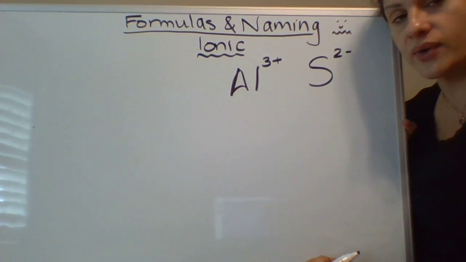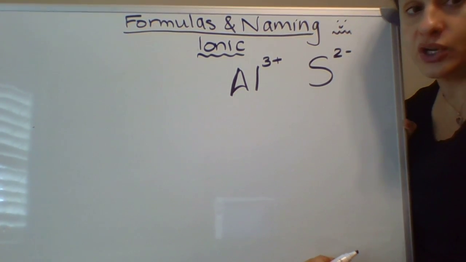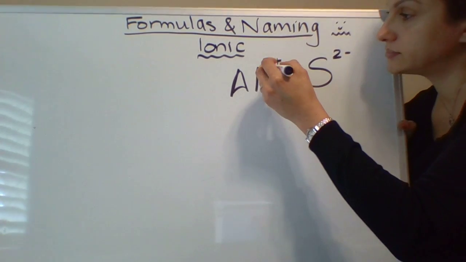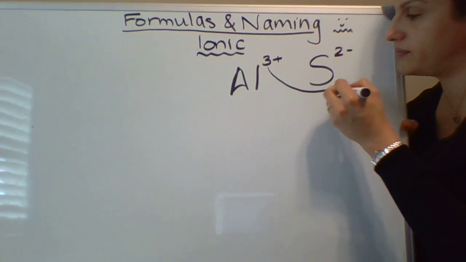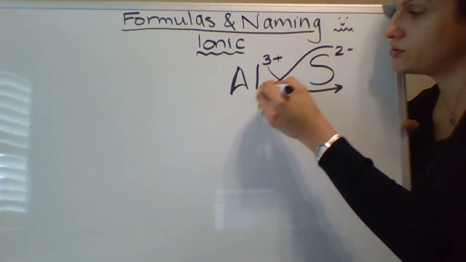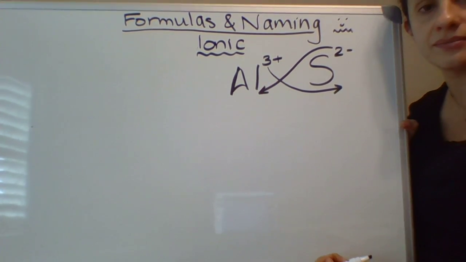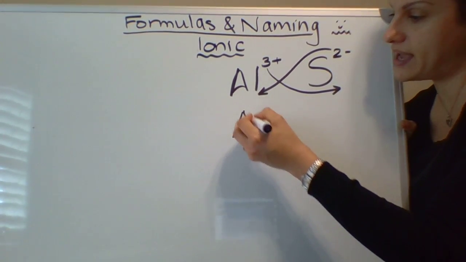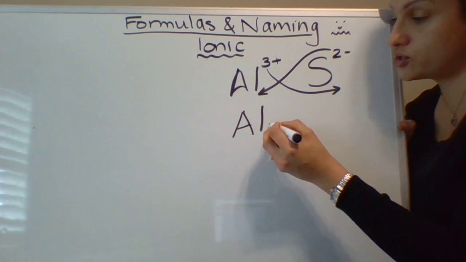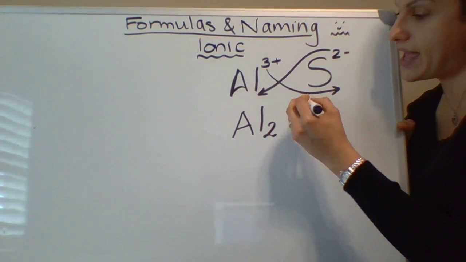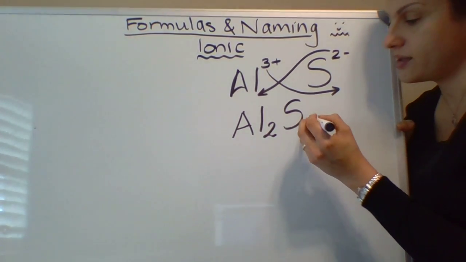So how will I know how to write the formula? Crisscross. The 3 goes at the bottom of the sulfur, and the 2 goes at the bottom of the aluminum. Then you have Al2S3.